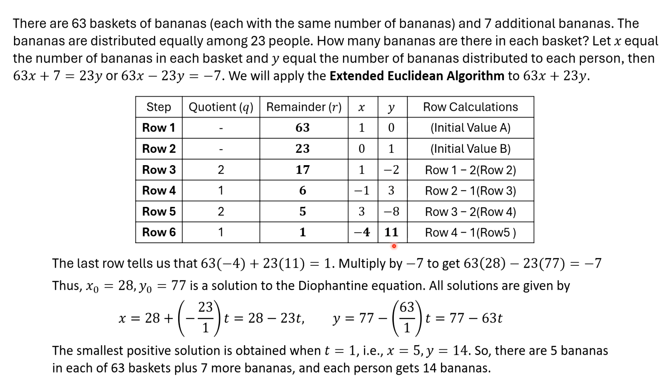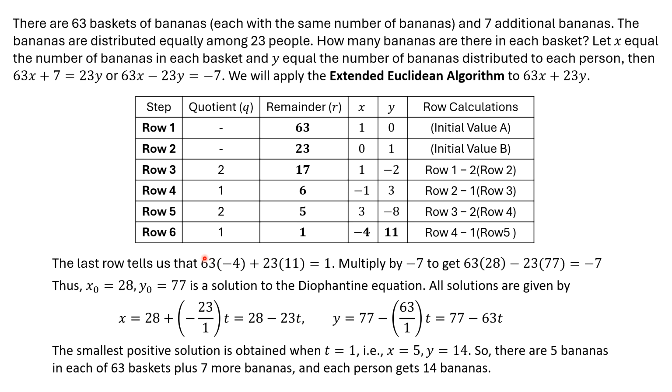So this is saying that minus 4 plugged in for x and 11 plugged in for y equals 1, which I'm showing here. 63 times minus 4 plus 23 times 11 equals 1. And this also gives us the GCD of 23 and 63. It's basically multiple applications of the Euclidean algorithm on these two numbers, which we've talked about before.